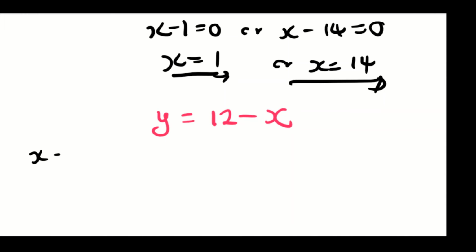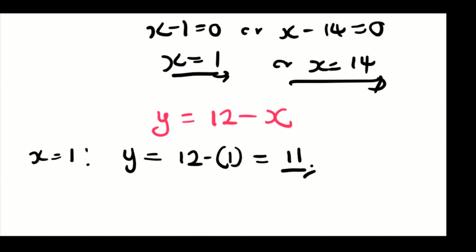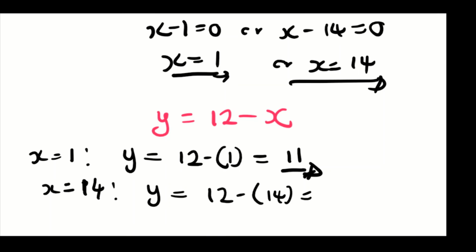So when x is equal to 1, our y value is equal to 12 minus 1, which is equal to 11, right? So when x is equal to 14, our y is equal to 12 minus 14, which is equal to minus 2. So these are our solutions of x and y.